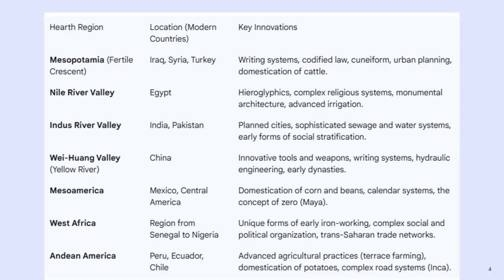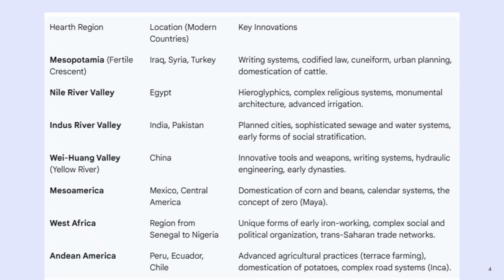Today, that would make up the countries of Iraq, Syria, Turkey. And from there, we can see some key cultural innovations that have spread. The writing systems, urban planning systems. That means the planning of cities and the ways that cities function, the domestication of cattle, and so forth.